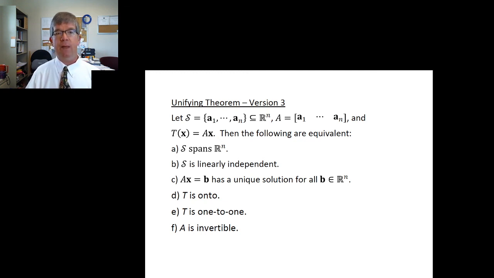And so if you know one thing, that tells you lots of things about a given situation. I think later we'll talk about the flip side of this unifying theorem, where instead of everything being nice and invertible or one-to-one or onto or independent, you can flip it and say, well, if I've got a singular, non-invertible matrix, then all the flips of all these things are also equivalent.